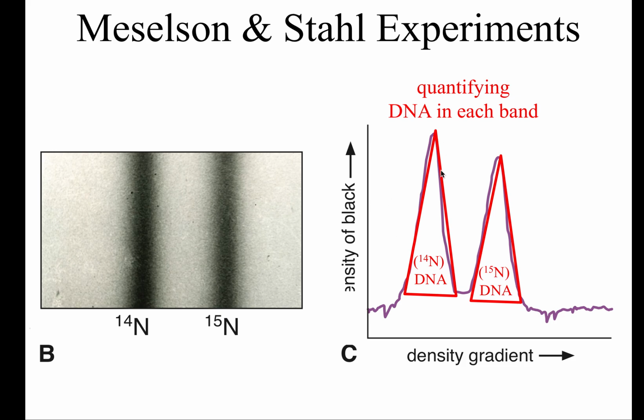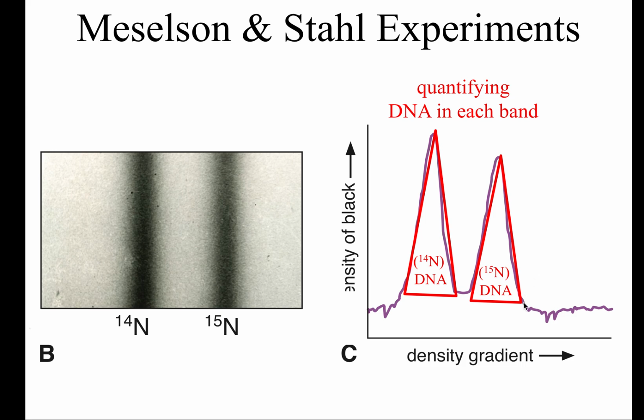And they can actually quantify how much DNA is at each spot by taking a picture of the DNA in the centrifuge tube, and then they just count how dark it is here, how dark it is here, and it starts to get darker and darker. That's going up the peak here, and then it starts to get lighter and lighter, coming down the peak there, and then goes back to light in between, and they plot that as they go from the top of the tube to the bottom of the tube.